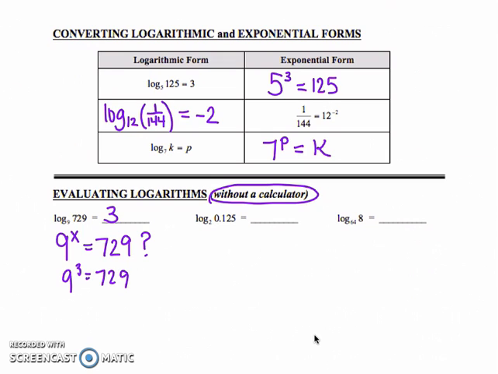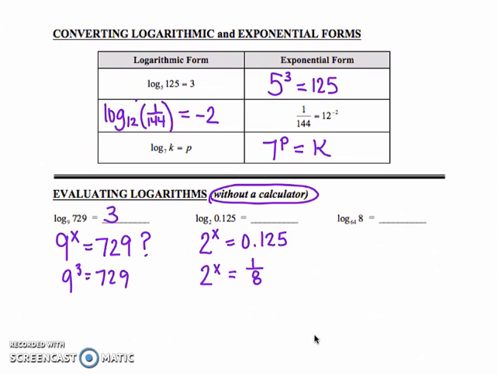In my next example, log base 2 of 0.125 is what we're trying to evaluate. So we know our base is 2. Again, we're trying to figure out the exponent. 2 to what power gives us a value of 0.125? Well, if you're familiar with fraction decimal conversions, hopefully you know that 0.125 is equivalent to 1/8.